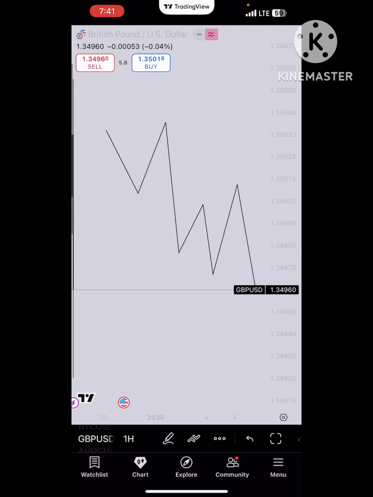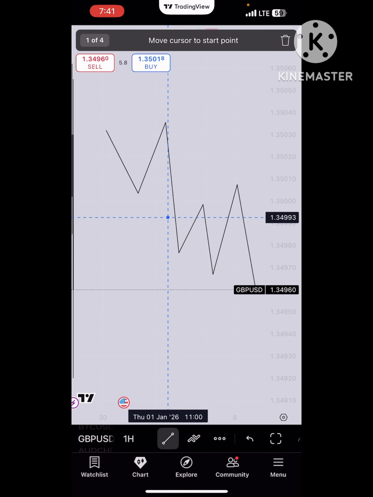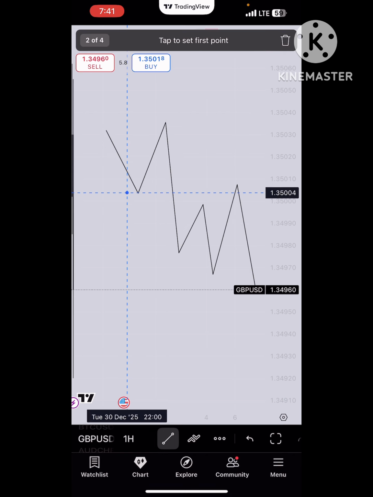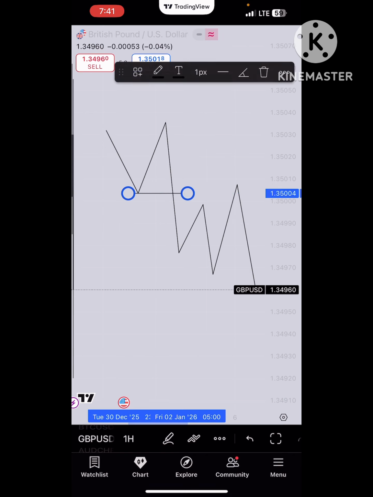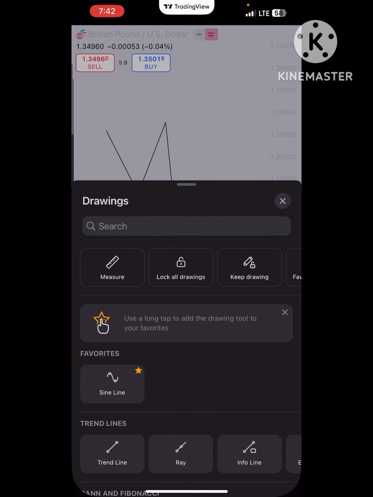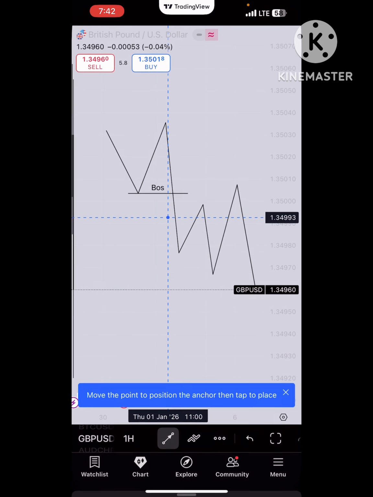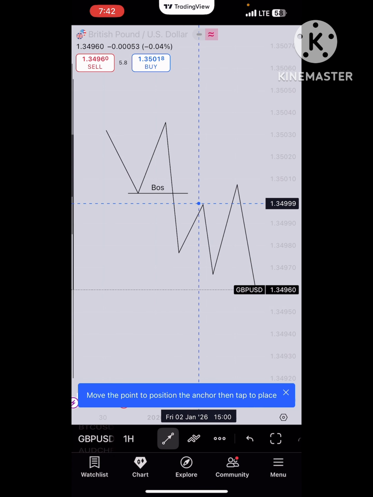So this is it. We have our break of structure to the downside, which is here. So then we have our inducement, which is this one here.